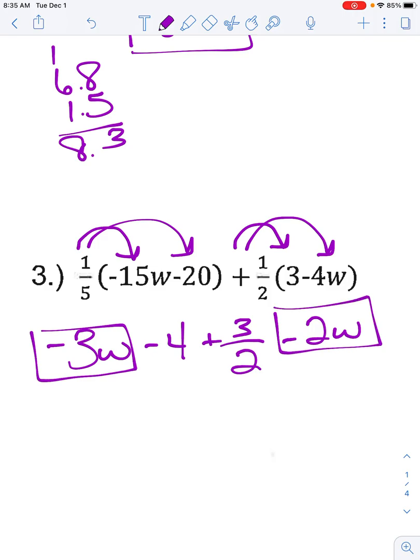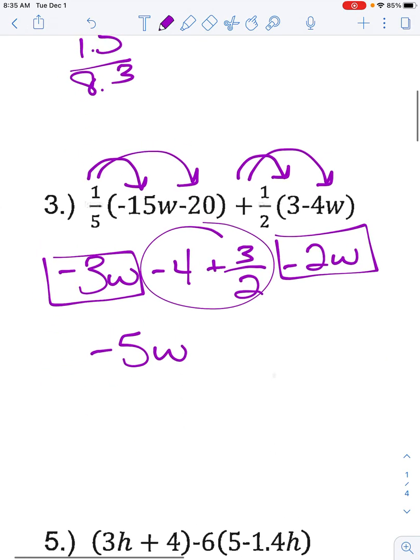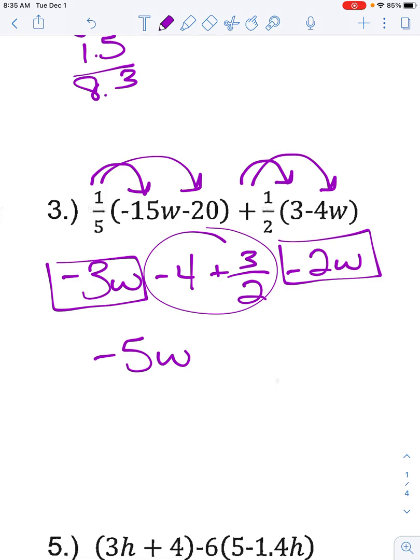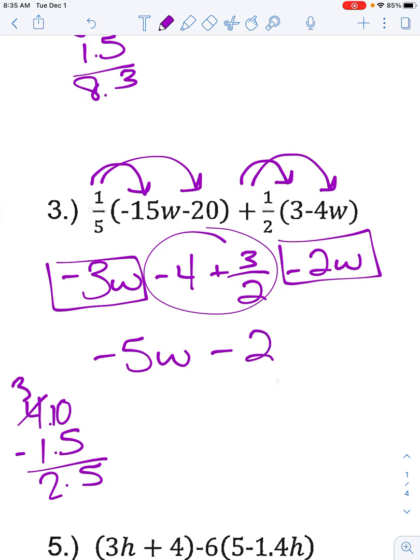Negative 3w minus 2w, same sign, find the sum, lots of negatives. That's a negative 5w. And then we have a negative 4 plus 3/2, or you could have changed that into 1.5. Those are different signs, find the difference. There's more negatives, so your answer should be negative, 4.0 minus 1.5 is going to be 2.5. So 2.5 or 2 1/2, either one would work.